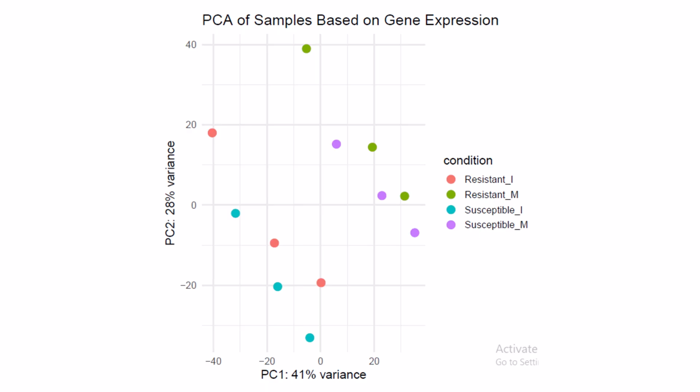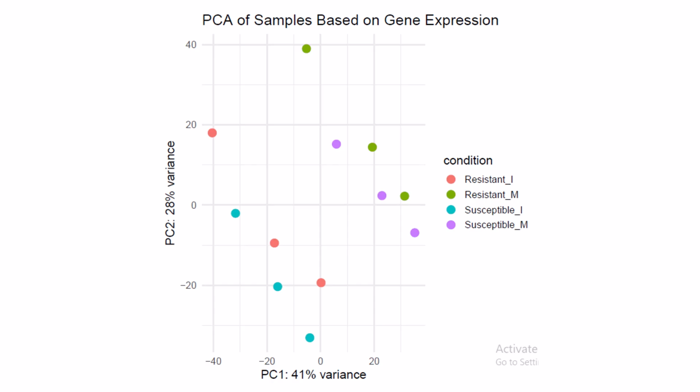This PCA plot provides an overview of the global variation in gene expression among all the samples. The samples that cluster closely together indicate high similarity in their transcriptomic profiles, which confirms the good reproducibility among biological replicates. In the analysis, the susceptible and resistant samples formed distinct clusters, suggesting that the infected condition caused major transcriptomic changes.